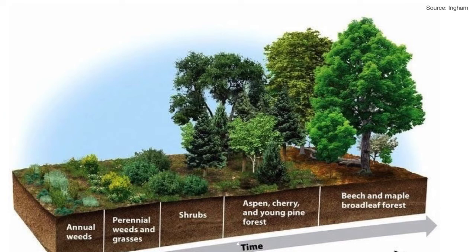When European settlers came to Western Canada, we were dealing with somewhere in that perennial weed and grass and shrubs kind of area. And what would happen is the bison and the antelope and deer would go through and they would graze as they were moving.